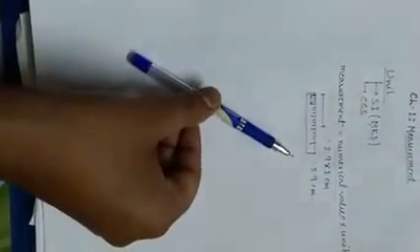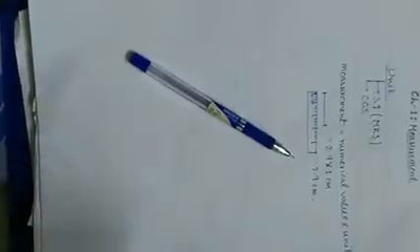Now the most important thing, the choice of unit. That means what should be your choice when you are measuring something. Suppose you want to measure the length of this pen, so what should be the unit? Of course you know it will be centimeter or sometimes meter.